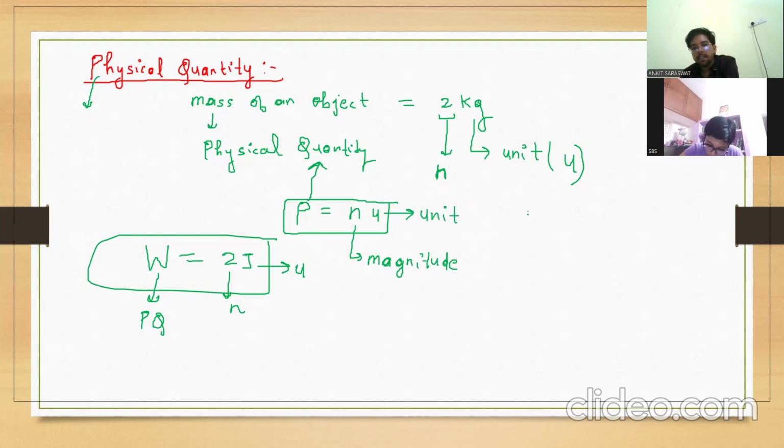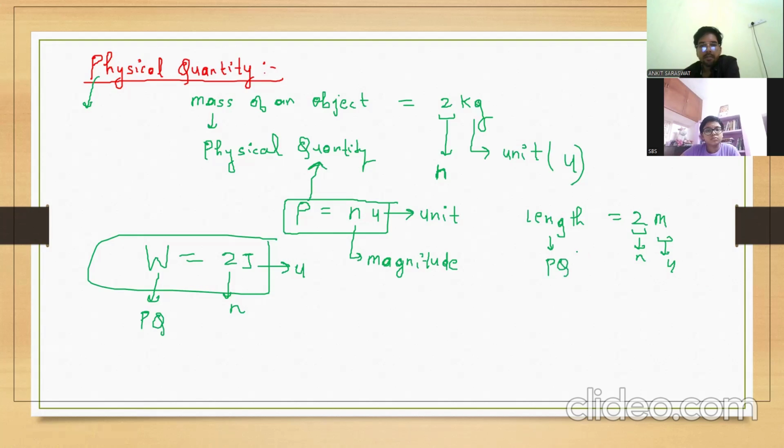Like if I say length is 2 meters, so length is a physical quantity. 2 is its magnitude and m is the unit.